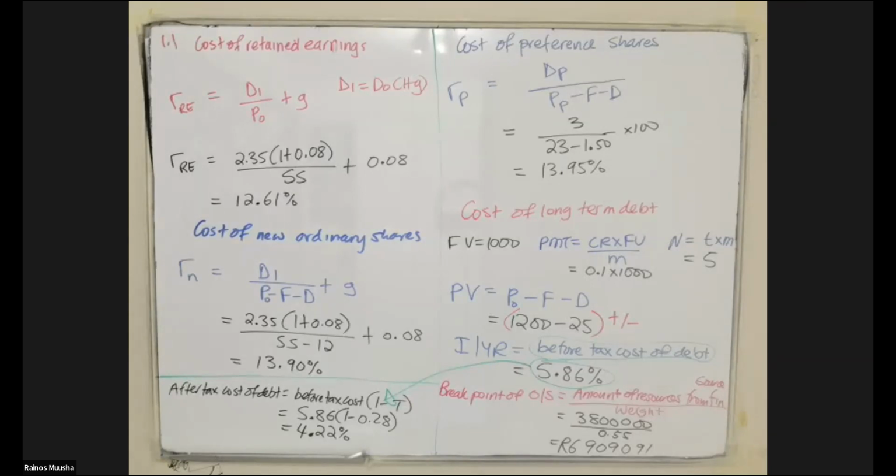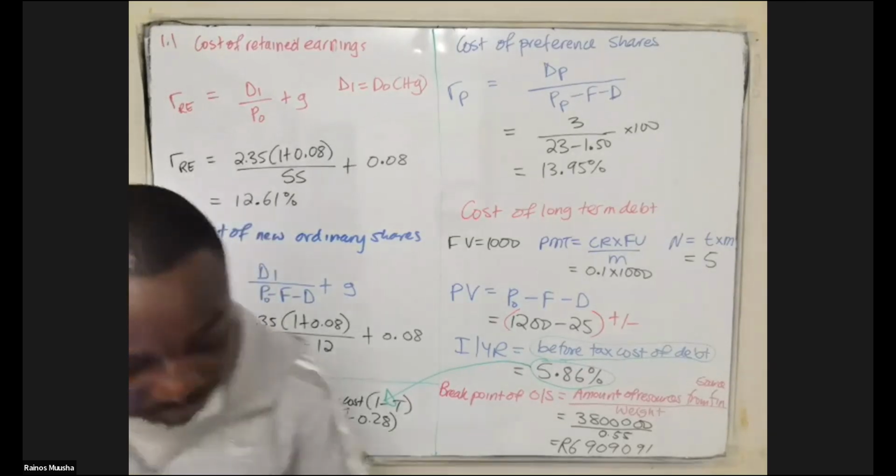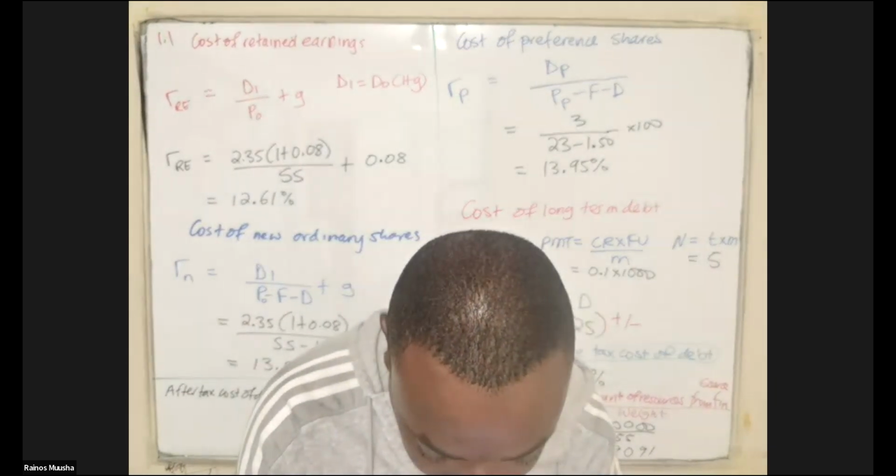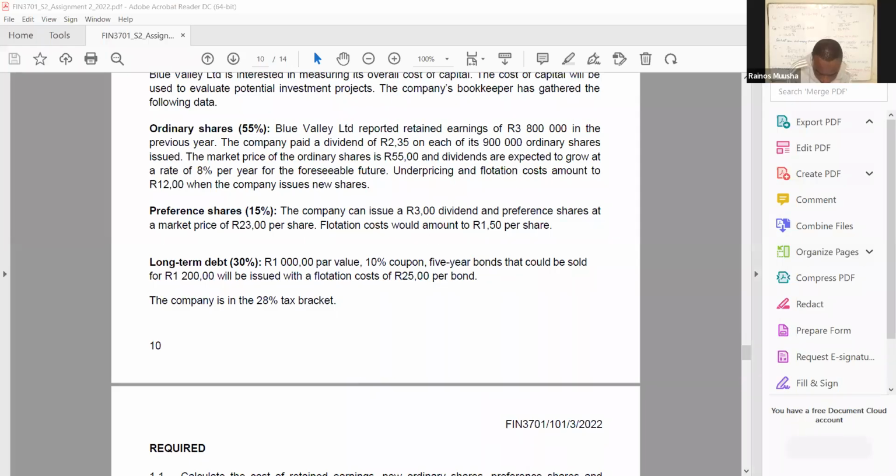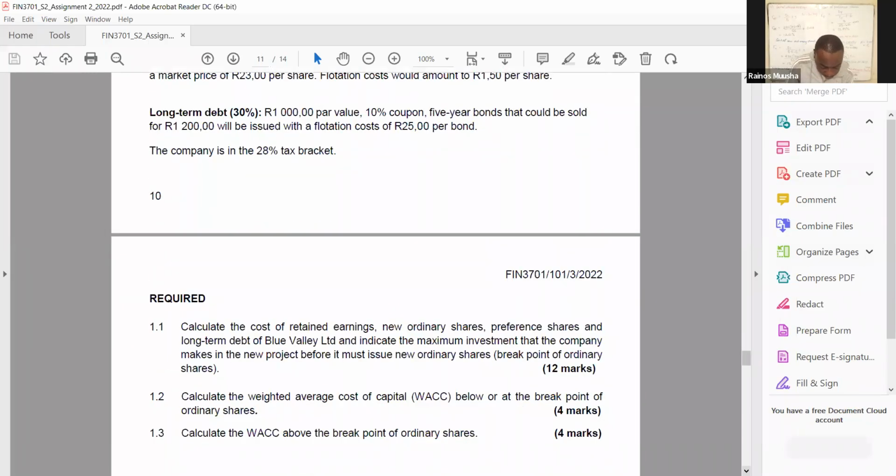So can we move on to question 1.2? Yes. All right. For question 1.2, they ask us to calculate the weighted average cost of capital below or at the breakpoint of ordinary shares.